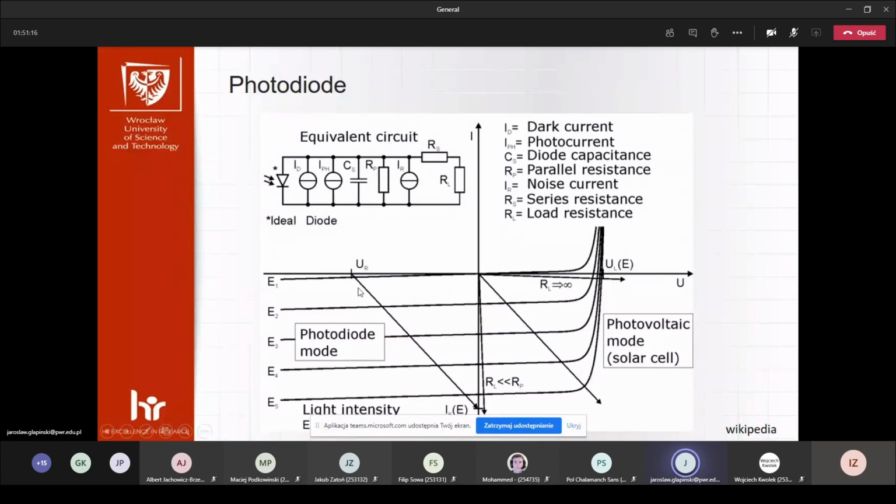So we have two modes: photodiode mode and photovoltaic mode. Do remember that.